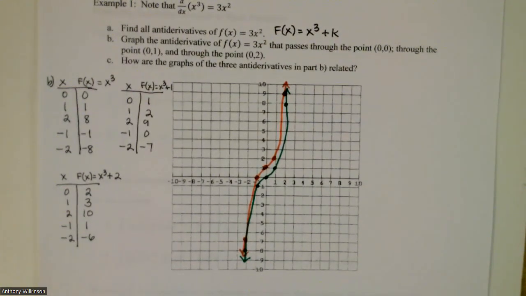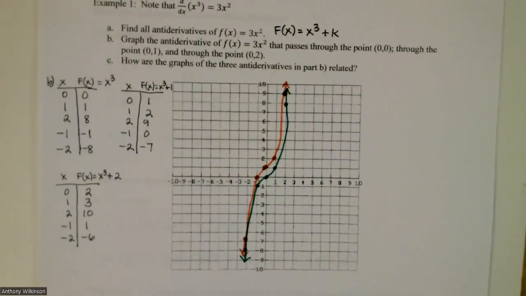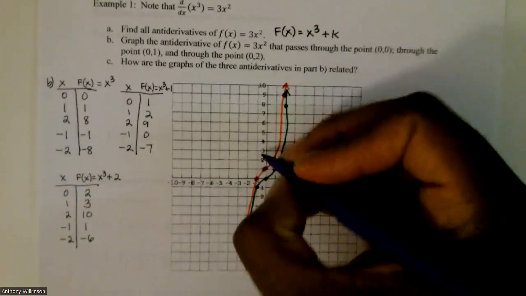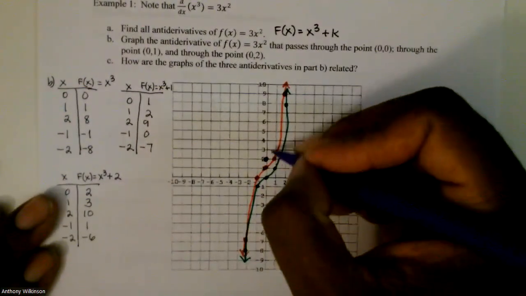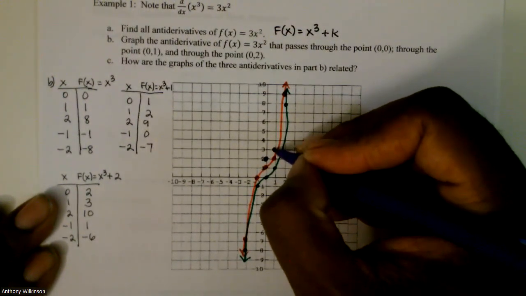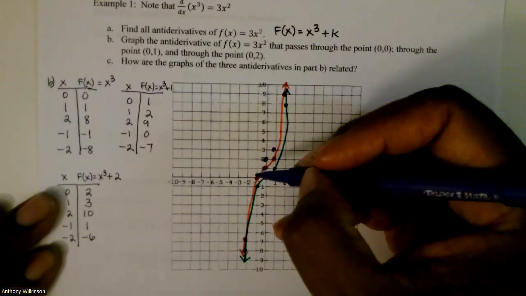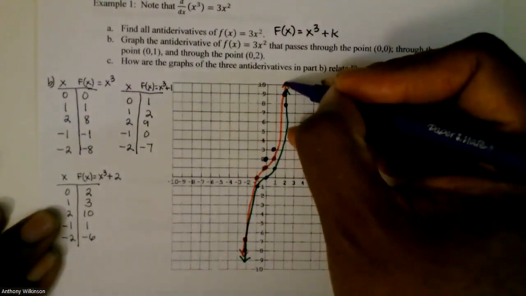So I'm going to use a different color to graph this one. So 0, 2 is on the y-axis, that's up here. And then 1, 3 will be to the right 1 and up 3. And then 2, 10 will be to the right 2 and up 10. So that's going to be way up here.